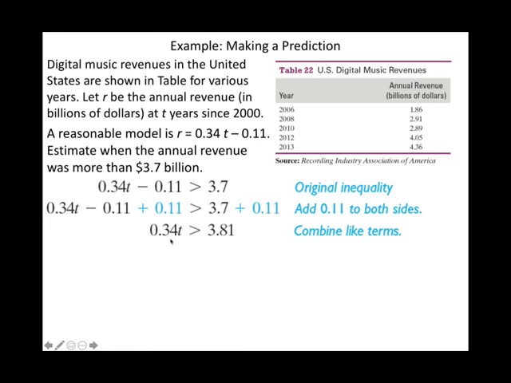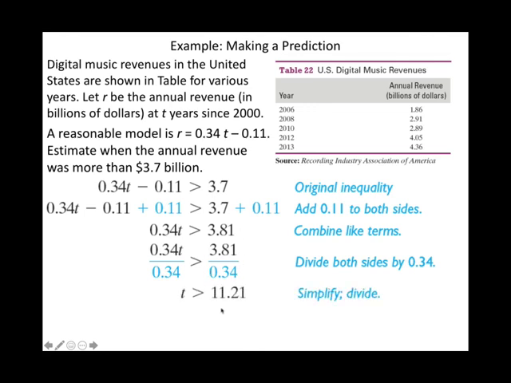Now, we want to divide by 0.34 on both sides. So here you could just use your calculator. You should get t greater than 11.21. So now we need to figure out when t equal to 11.21, which year is gonna be.